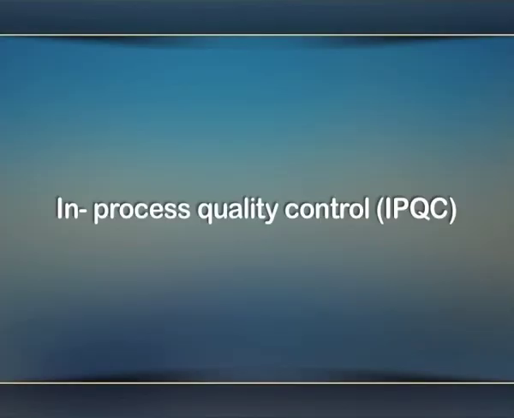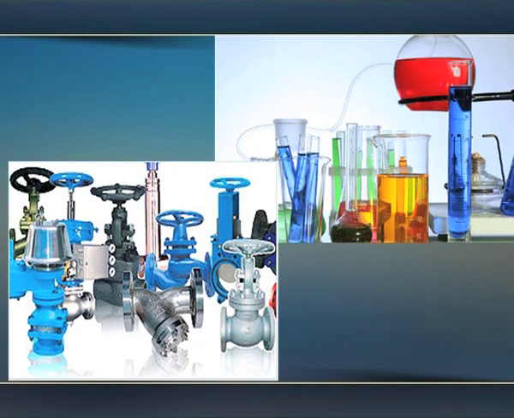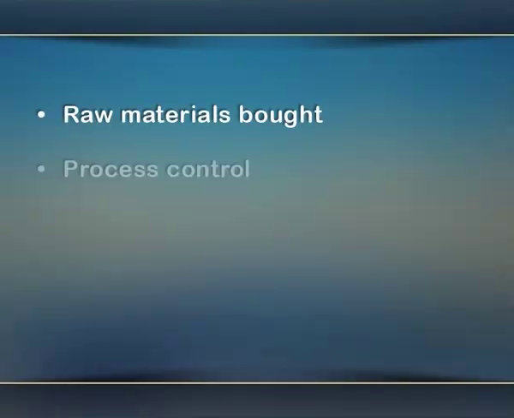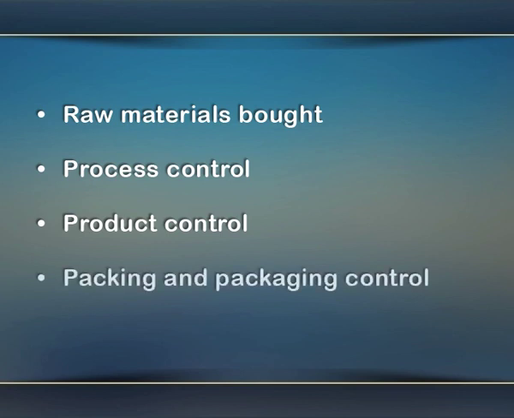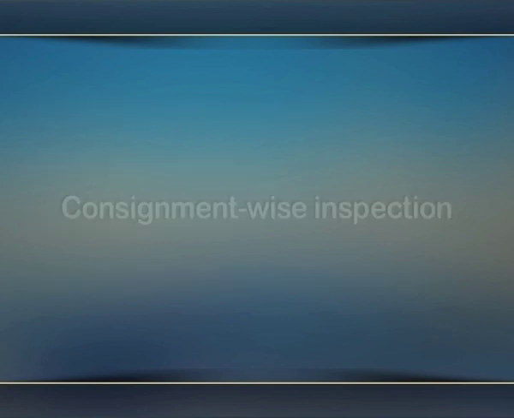In-process quality control, that is IPQC: under this system, stage by stage inspection of products like chemical and engineering goods is done during the process of production. The inspection includes raw materials bought, process control, product control, packing and packaging control.